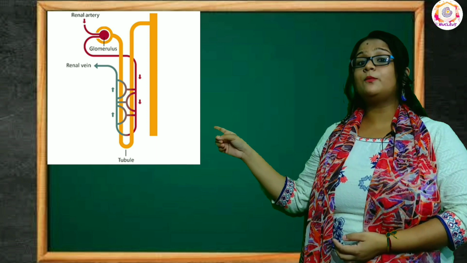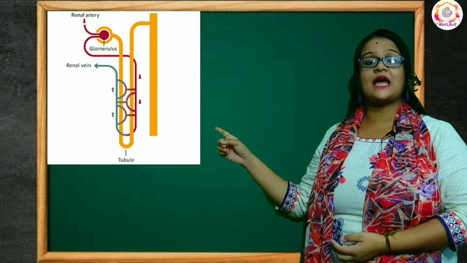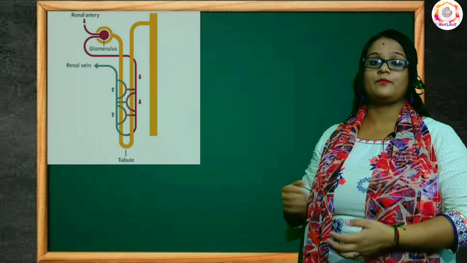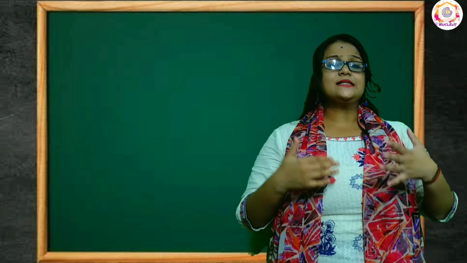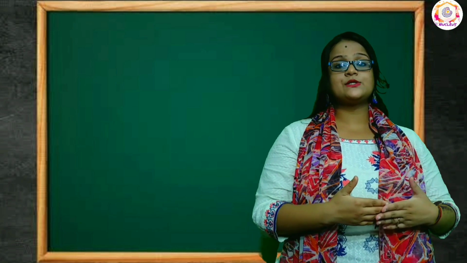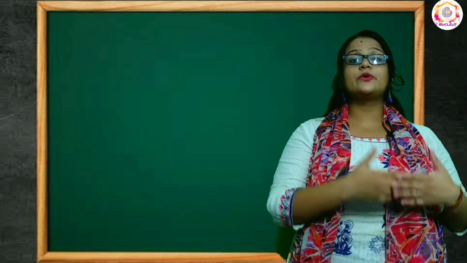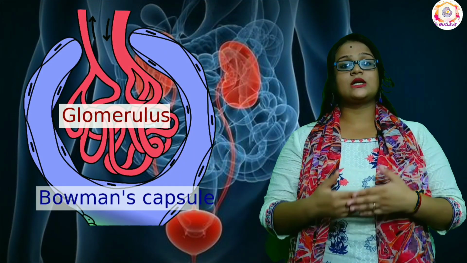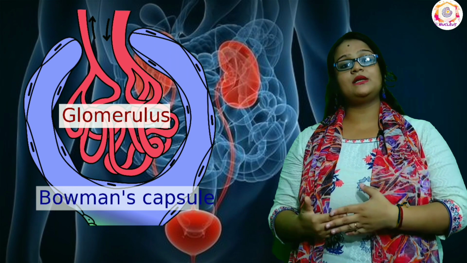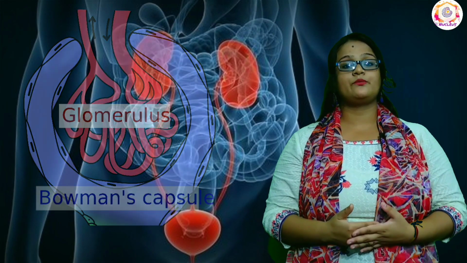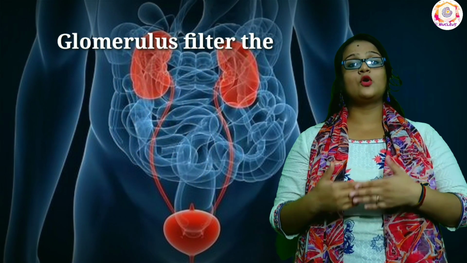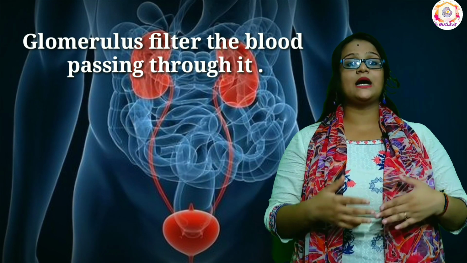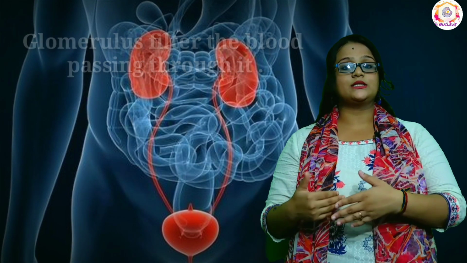The lower end of the Bowman's capsule is tube-shaped and is known as the tubule. So it is clear that the Bowman's capsule and the tubule together form the nephron. The Bowman's capsule contains a bundle of blood capillaries known as glomerulus. The function of the glomerulus is to filter the blood that is passing through it.